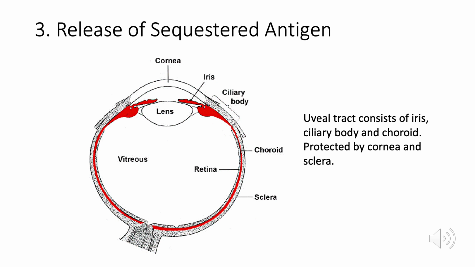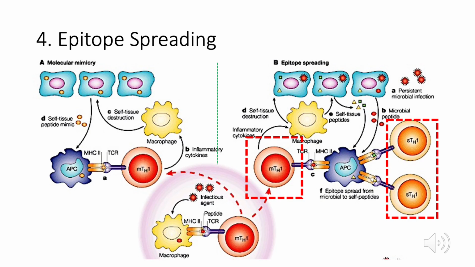When such antigens enter the circulation accidentally, they elicit immune responses, leading to conditions such as spermatogenesis, encephalitis, and endophthalmitis, respectively. The fourth mechanism is by epitope spreading.